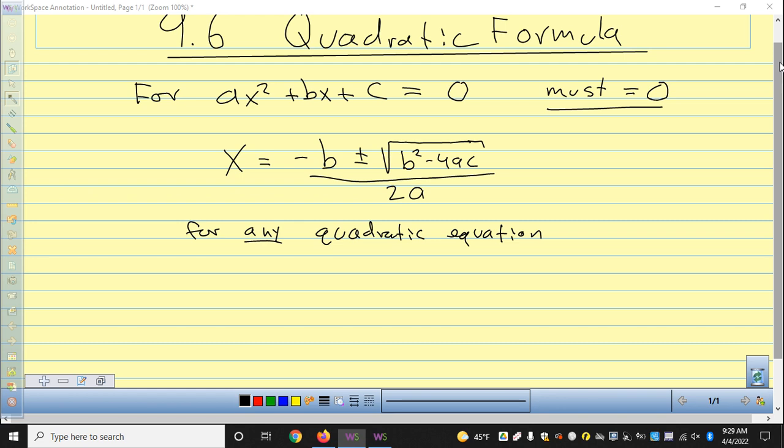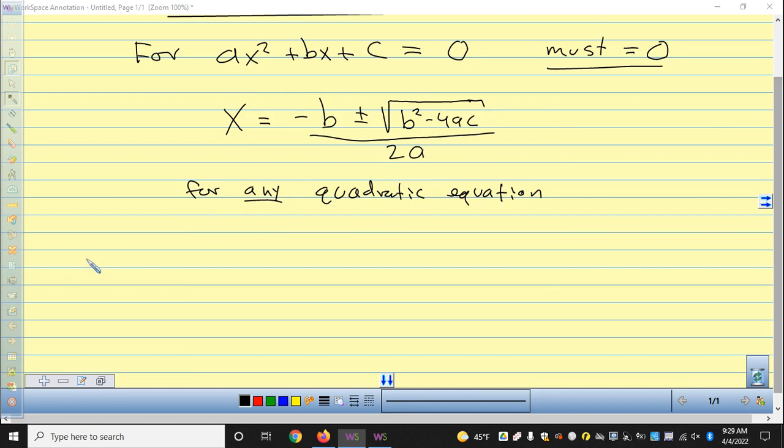So what we're going to do today is I just want to show you how we go about using this equation. Any questions on the equation? So at some time in the next week or so, we'll have a pop quiz on this equation.